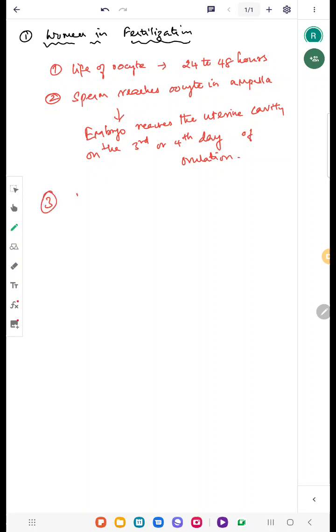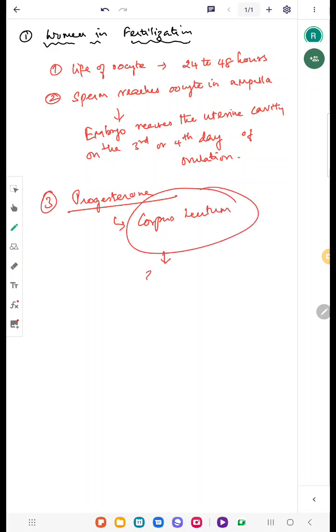Then the progesterone is released. This progesterone is released by a structure called the corpus luteum. The corpus luteum is actually the remnant of the Graafian follicle, the remains of the Graafian follicle when the oocyte is released.